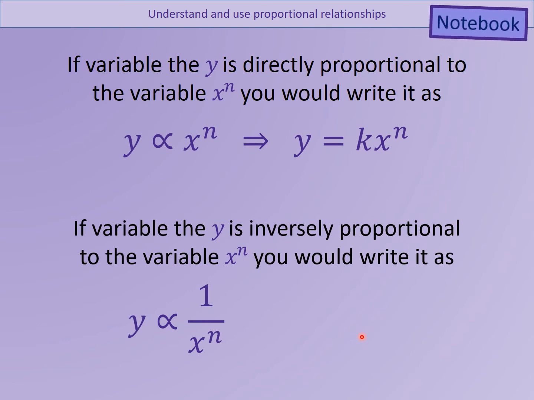So you're looking at 1 over x to the n rather than just proportional to x to the n. How could I change that proportionality symbol though? I can just replace it with an equals. And it's quite normal to put the k at the top, because it's just k times 1. But if you wrote y equals k lots of 1 over x to the n, it's the same answer. There's no difference between them at all.